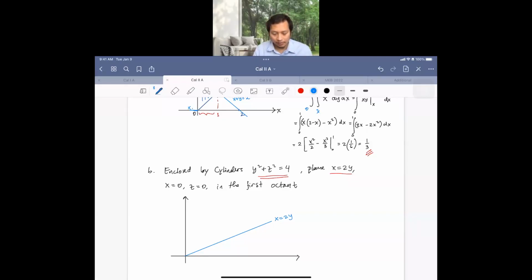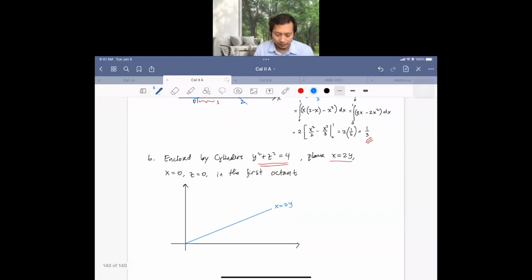And then x equals 0 and z equals 0. Okay, now if we imagine that this is x equals 0, right?